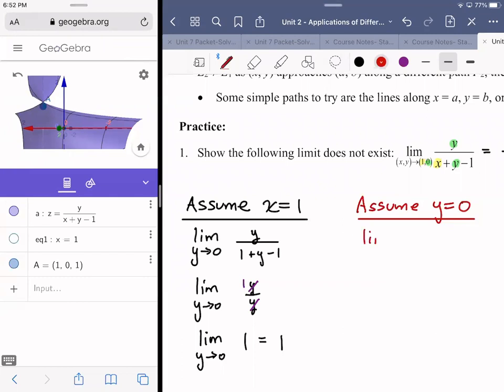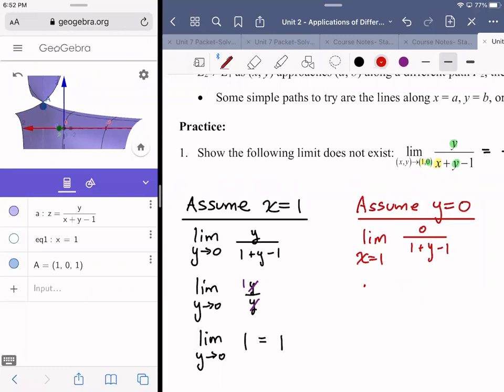All right, so limit, as we're assuming that y is equal to 0, which means that x is going to be approaching 1. 0 over 1 plus y. Oh, well, 1 plus, yeah, 1 plus y, minus 1.